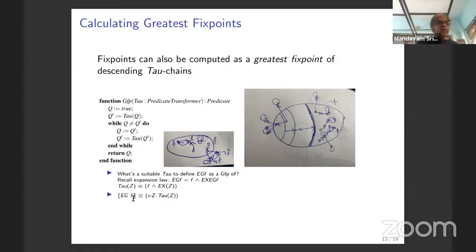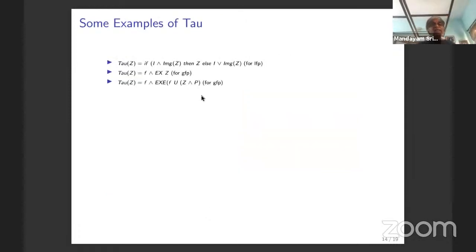All you have to do is take your initial state and see if that is included in that set. That's why I'm abusing the language by saying CTL model checking can also be considered as fixed point characterization.